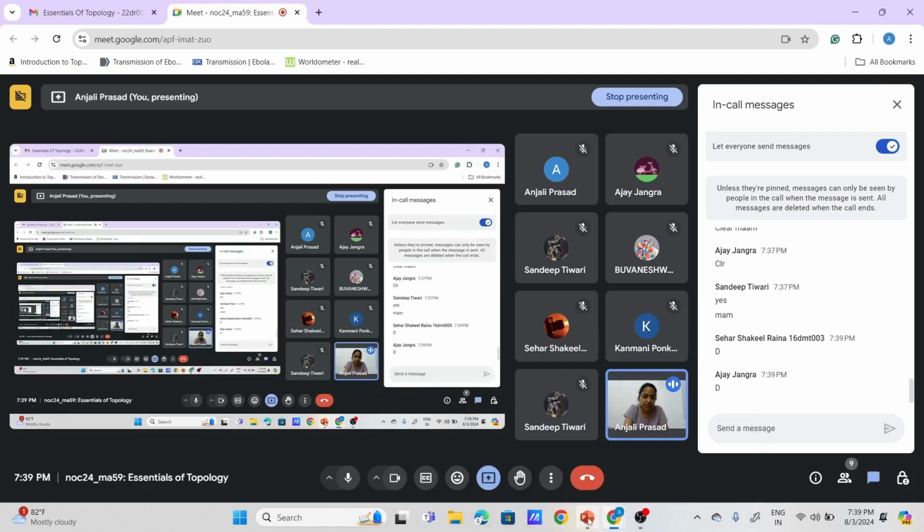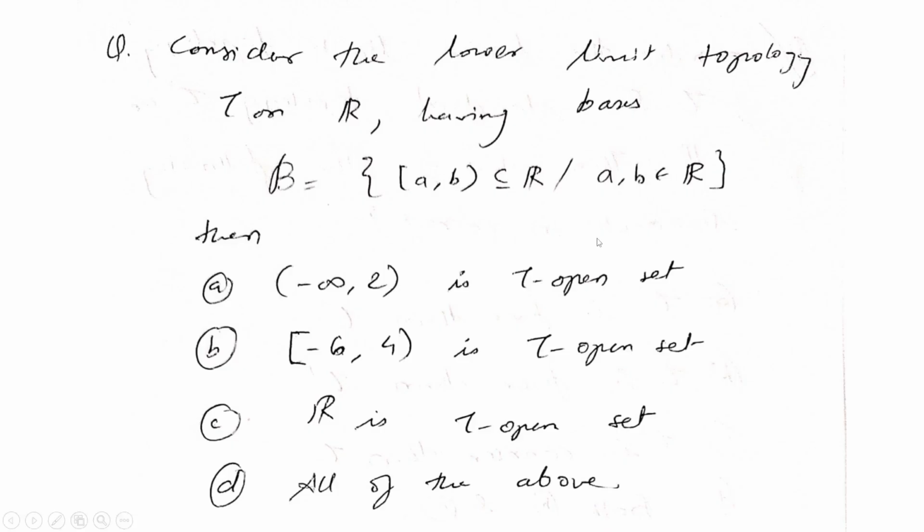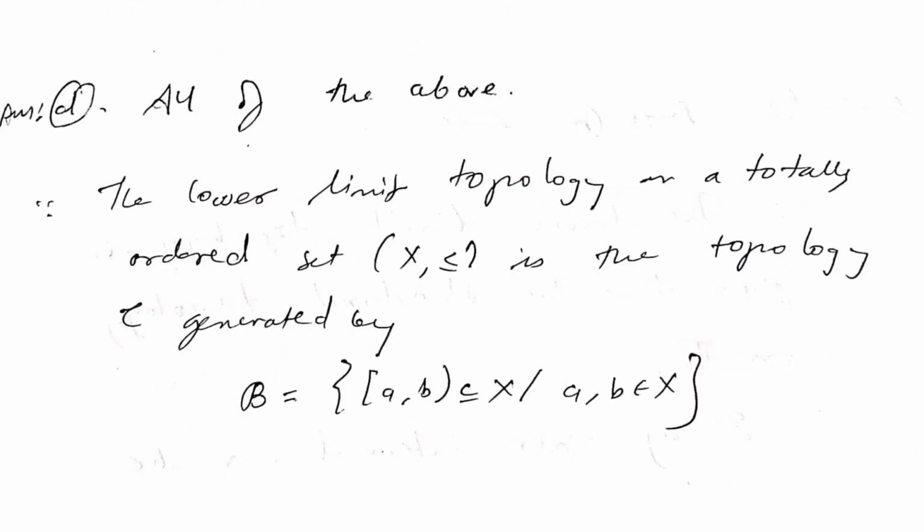Okay, so I hope it is clear to everyone why it is D. So let's move to the next question. Okay, so by definition only, you will get that all this satisfy to be a lower limit topology's element.